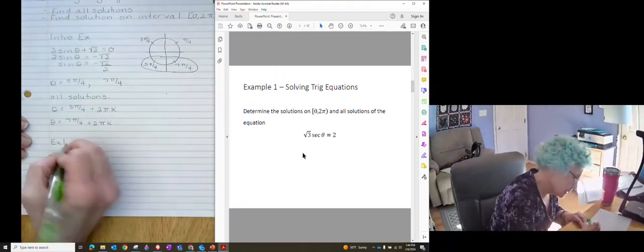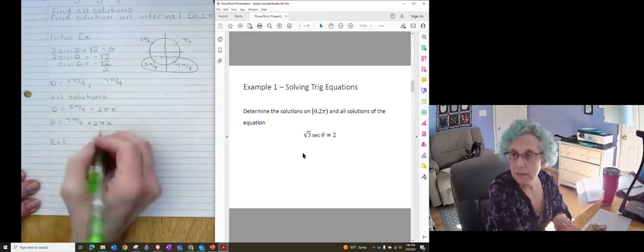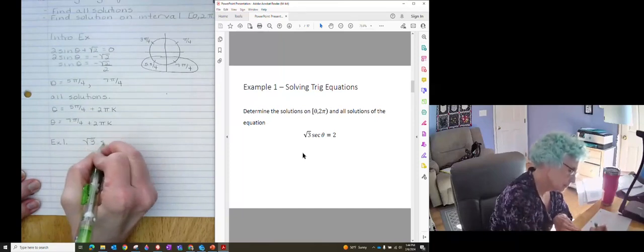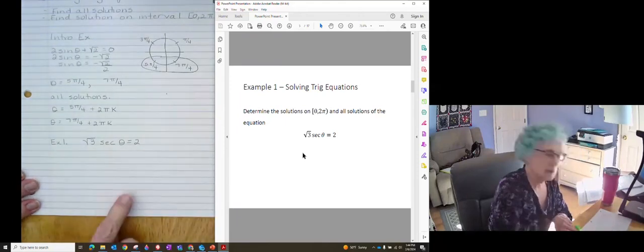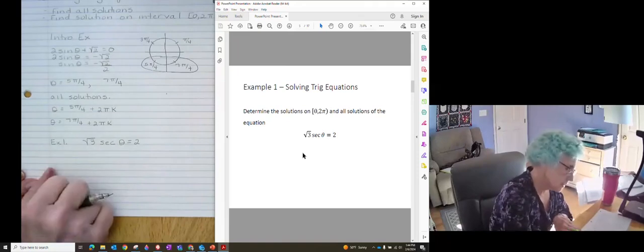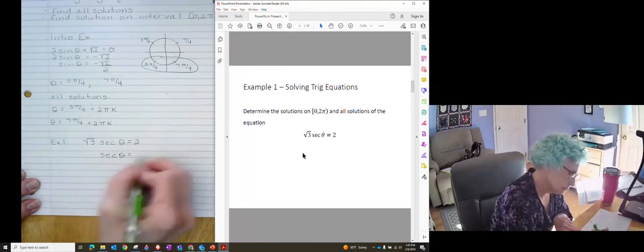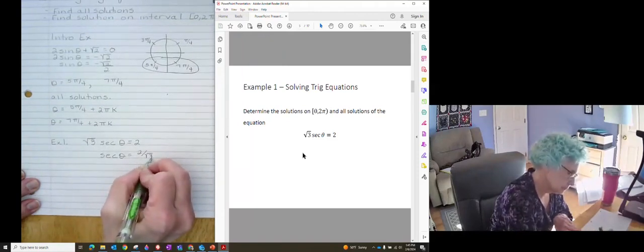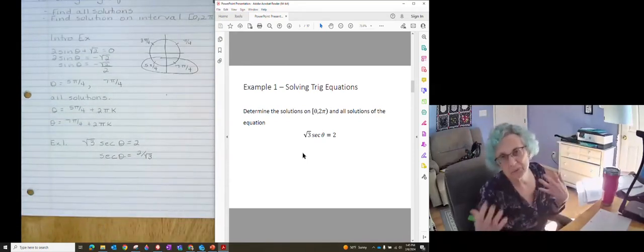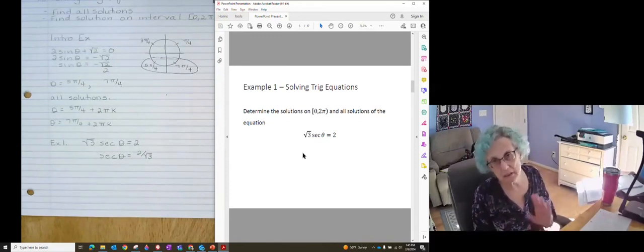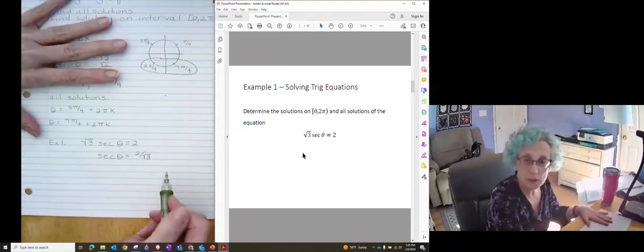Our first real example. We have square root of 3 times secant of theta equals 2. So first thing I'm going to do is divide both sides by the square root of 3. Now, maybe you're really familiar with secant and you don't mind working with it. That's fine. You can answer your question from here.